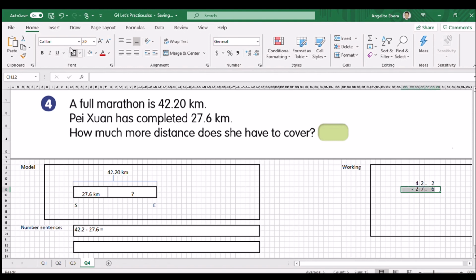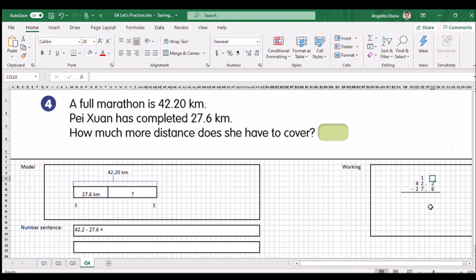Let's subtract. 2 minus 6, we cannot subtract 6 from 2, so we need to regroup this 2. So this becomes 1. And then we exchange the value of the 1 that we take away from here. 1 is equal to 10 tenths.